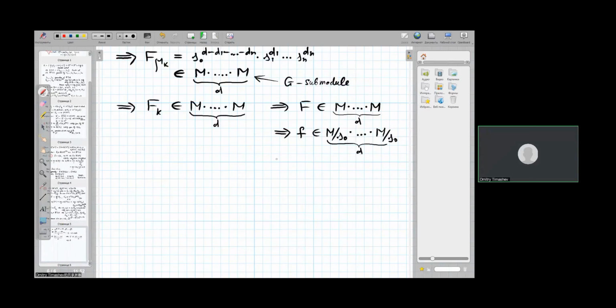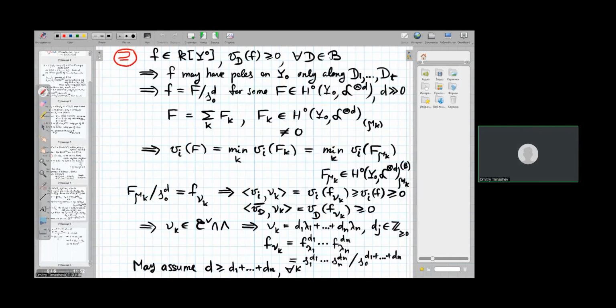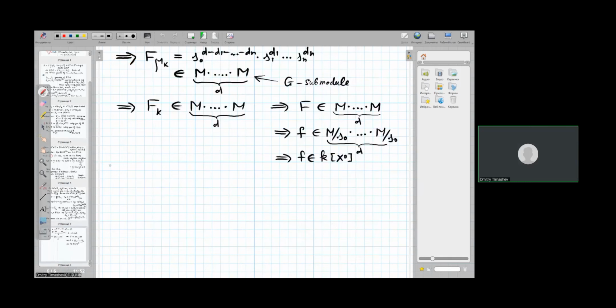Hence, it is contained in the coordinate algebra of X naught, which is generated by all these functions in these product spaces. Okay, so we have proved the reverse inclusion, and finally we have proved the claim.